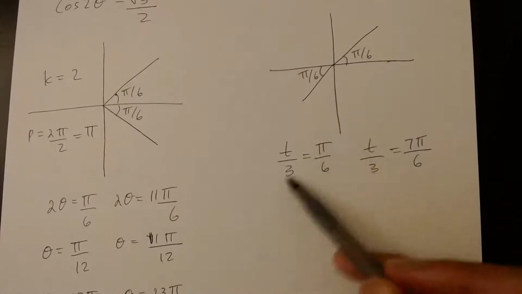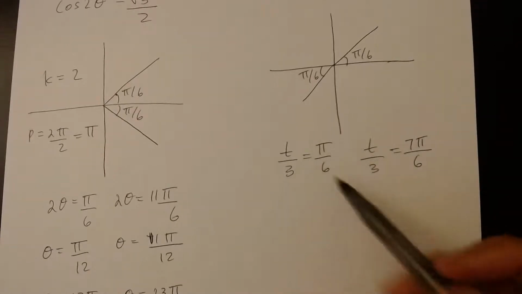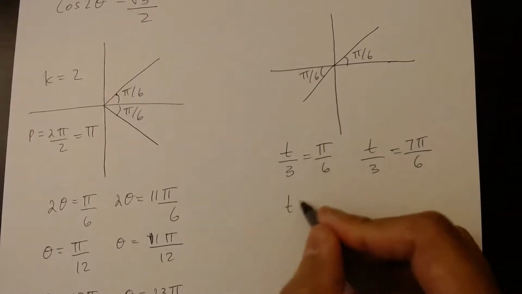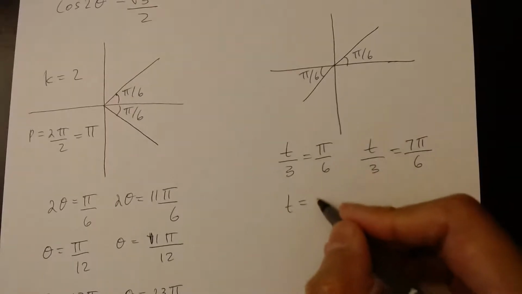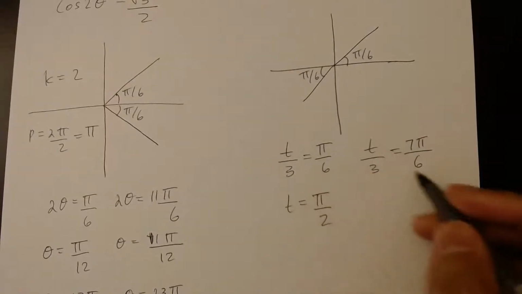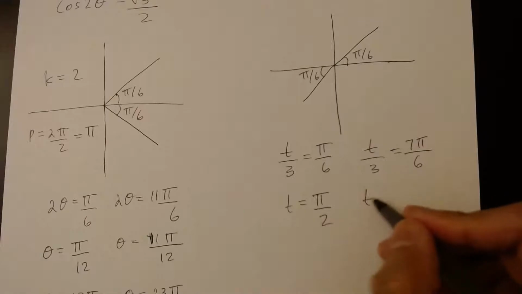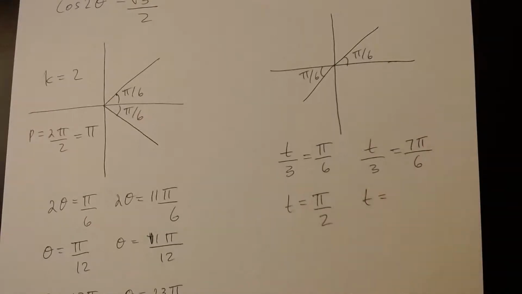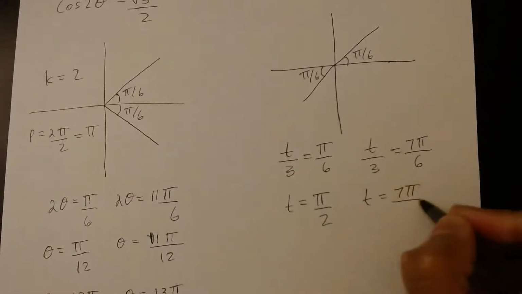Now, all I have to do is cross multiply the 3 to the other side. So if I cross multiply the 3 with pi over 6, I'll get pi over 2. And over here, if I cross multiply, 7 pi over 6 times 3 is 7 pi over 2.